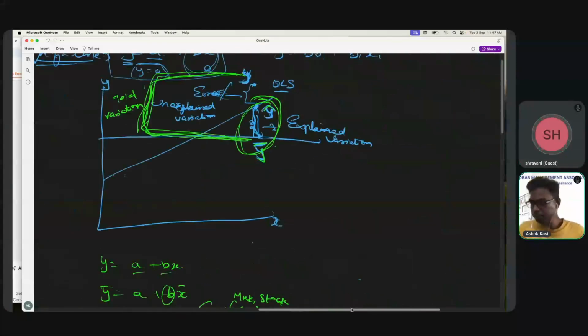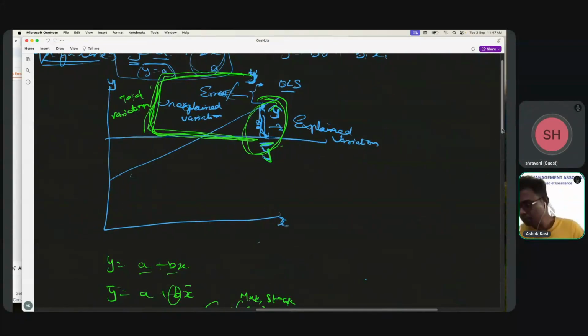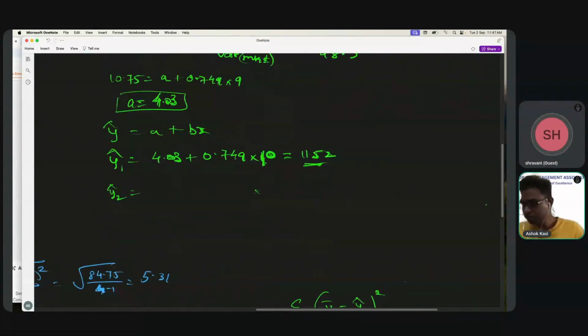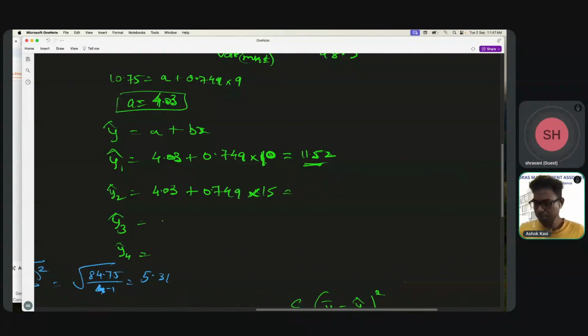So 15. Now you calculate. 15.26. Yes. Okay.